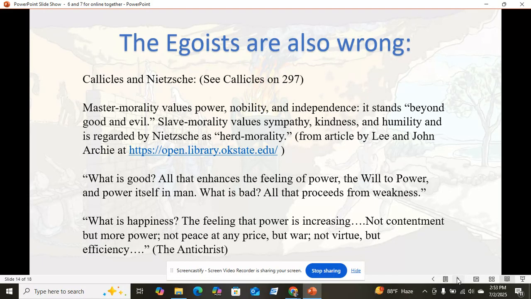Callicles also sounds like Nietzsche. Nietzsche talks about master morality, values of power and nobility and independence, as opposed to slave morality that values sympathy, kindness, and humility. Nietzsche sees this as herd morality.